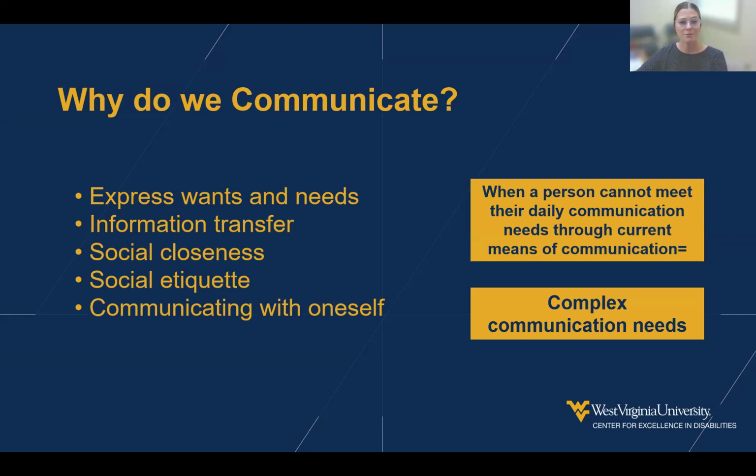We want to transfer information. So we just want to share or talk about something with others. Social closeness, so building relationships and being able to have social exchanges with friends and family. Social etiquette, so being able to respond to greetings or saying hello or goodbye or please and thank you. And then also communicating with oneself.